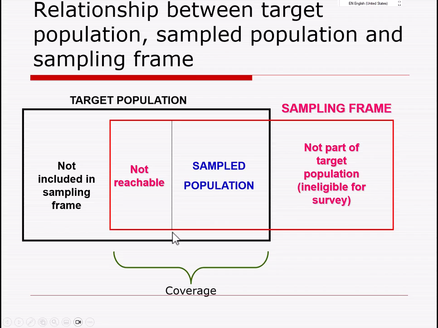The problem is if you have information in the sampling frame about who is ineligible. So for example, my sampling frame for assistant professors, if I have their current employment title, then I can remove ineligibles.